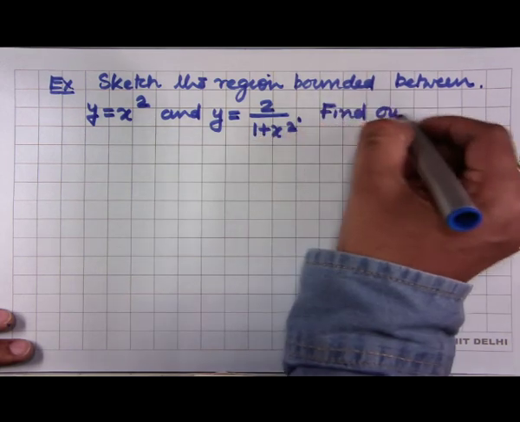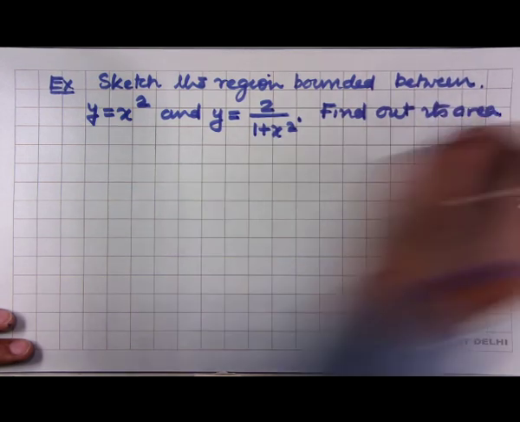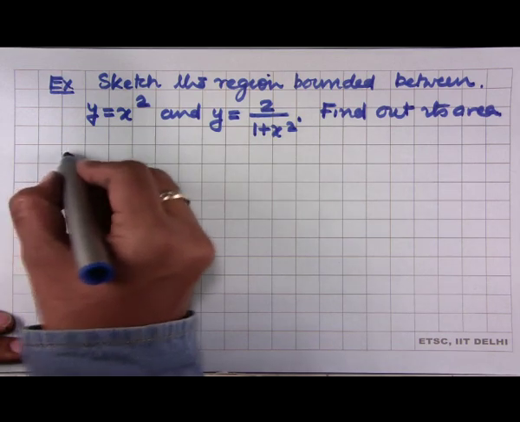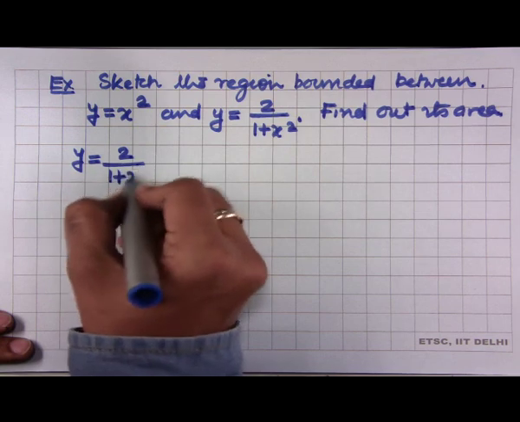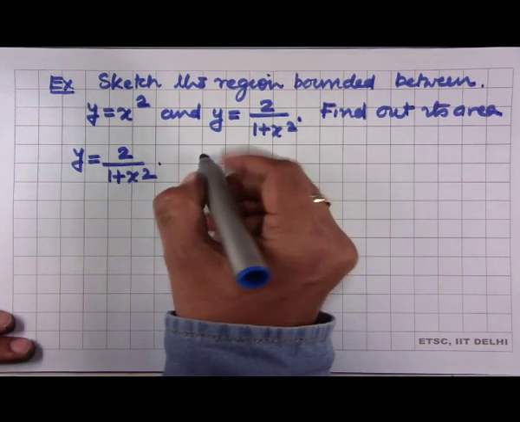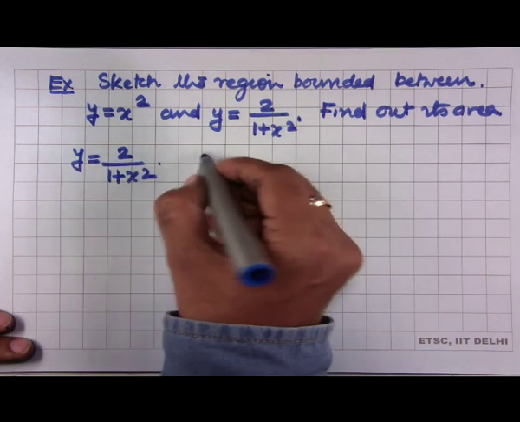Find out its area. So let us first plot y equals to 2 by 1 plus x square. Though we have plotted it earlier, let us plot it in more detail.